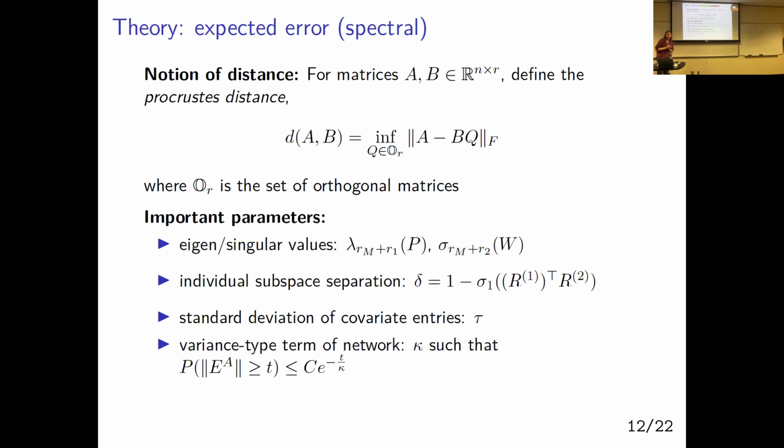And then you're going to have a variance type term for the network. We'll just call it kappa. The takeaway here is that this variance type term for the network is for the tail probability of the spectral norm of the noise for the network. You just need it to fall off sub-exponentially. It needs to be sub-exponential.